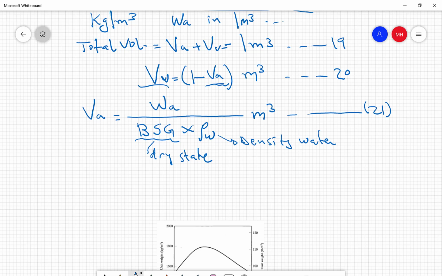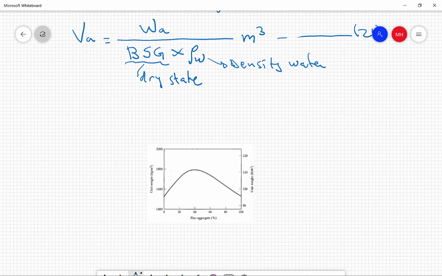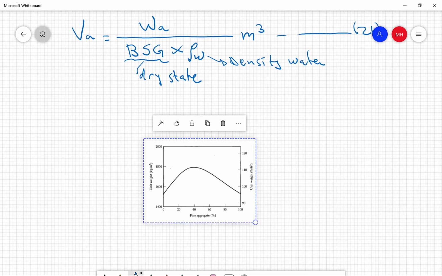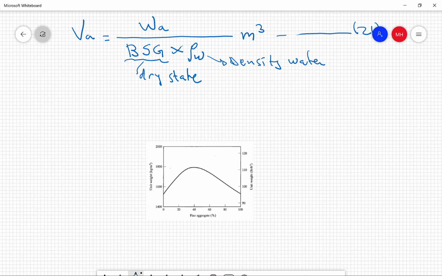So let's rearrange this equation number 21. Let's rearrange it somehow so that we have the volume of voids equals 1 minus the weight of aggregate divided by the bulk specific gravity times, of course, density of water.